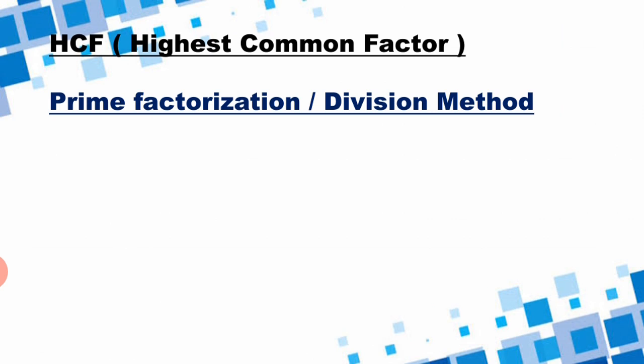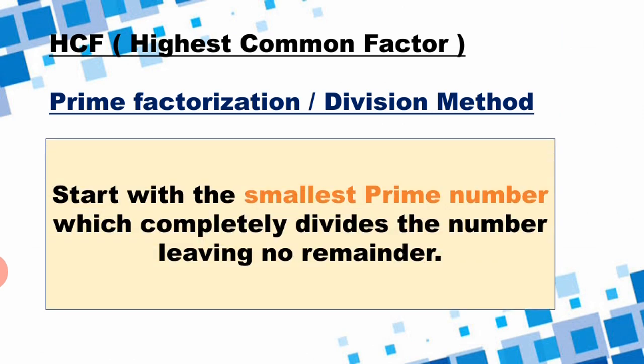Okay, I think we have also learned the division method. We learned to find prime factors using the division method, right? So students, how to find HCF by division method? Start with the smallest prime number which completely divides the number, leaving no remainder.